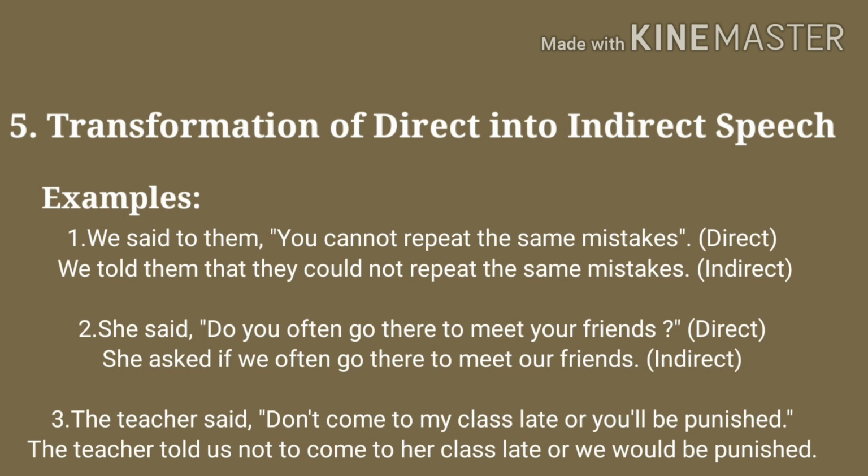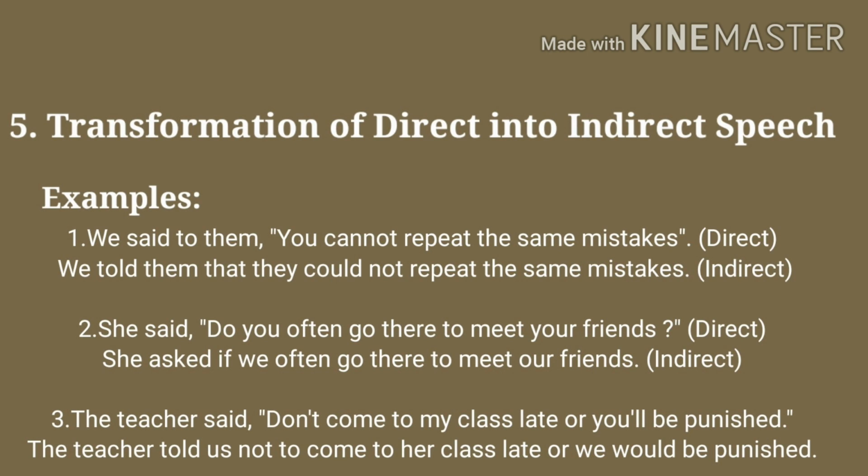Next, she said, do you often go there to meet your friends? She asked if we often go there to meet our friends. Next, the teacher said, don't come to my class late or you will be punished.